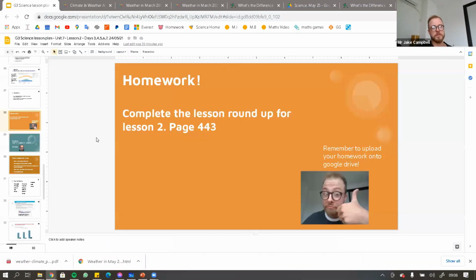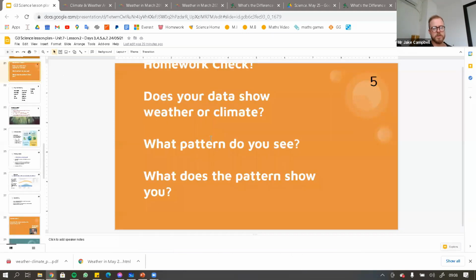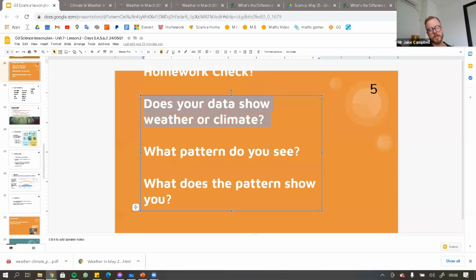Good job. All right, class, hands up if you did the table, but you did not do the description. Okay, for the students who did not write a description, I would like you to look at this and answer these questions based on your data. You have 3 questions here. Does your data show weather or climate? What pattern do you see?